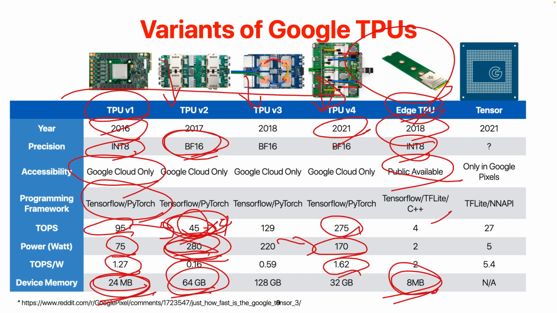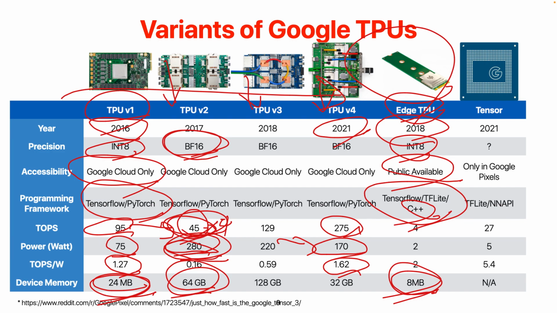And this one is publicly available. Oh yeah, and the programming frameworks here, they actually provide quite a few. So you can use TensorFlow or the embedded version of TensorFlow called TF Lite. And the most fascinating part is that it does have a C++ interface that you can use to perform inference and directly control the low-level operations that you want the Edge TPU to do.